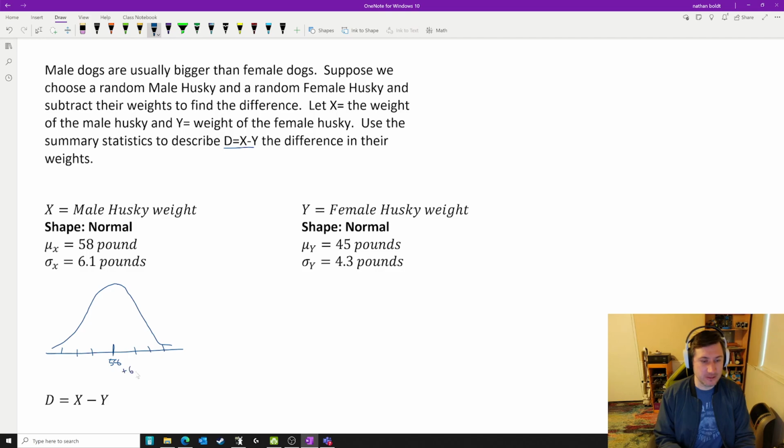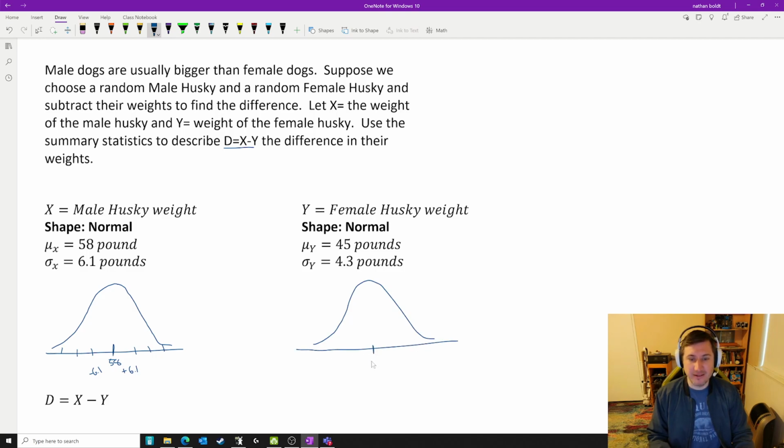So plus 6.1, minus 6.1 over and over and over again. My female huskies, they are also normally distributed. So here's my visual here. And then their center is 45, and then they're adding 4.3. So plus 4.3 over and over again, minus 4.3 over and over again.